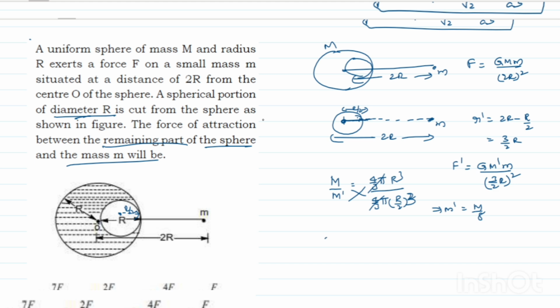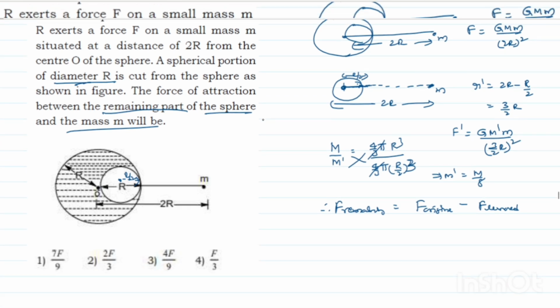Now here you can calculate the remaining force of attraction. In the sense m dash equal to m by 8, F remaining is F original mass minus F removed mass, the force of attraction between the removed portion masses you have to take.